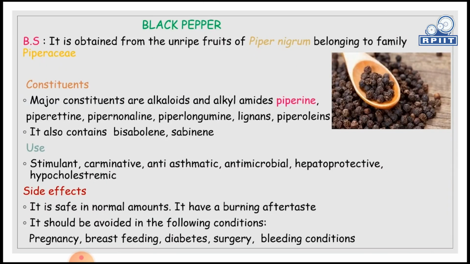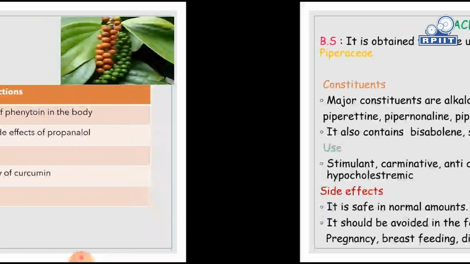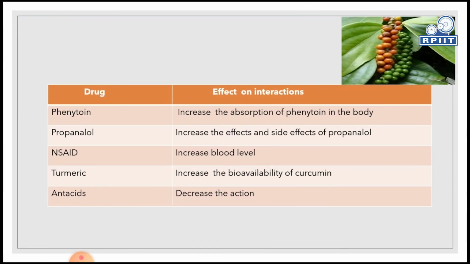The next interaction is with black pepper, a very commonly known herb which we use in our daily life, which consists of piperine as a main constituent, and it is used as antimicrobial and hepatoprotective. Moreover, it is used as hypocholesteremic. It has many pharmacological effects, but it has some interactions which are toxic to our body.